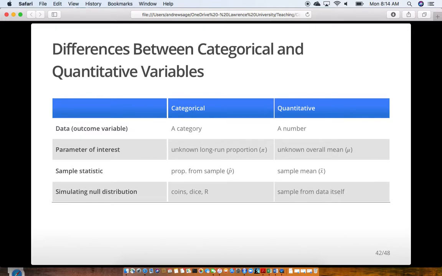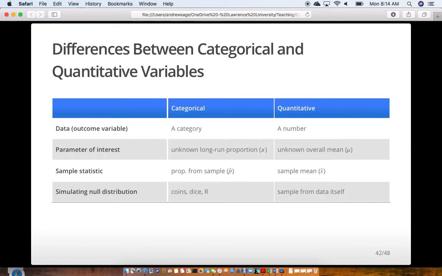This table summarizes some of the differences between categorical and quantitative variables. In categorical situations, the data are categories, while in quantitative situations, the data are numbers. In a categorical situation, we would be interested in an unknown long-run proportion as our parameter of interest.